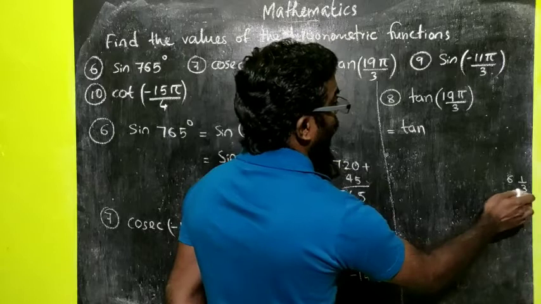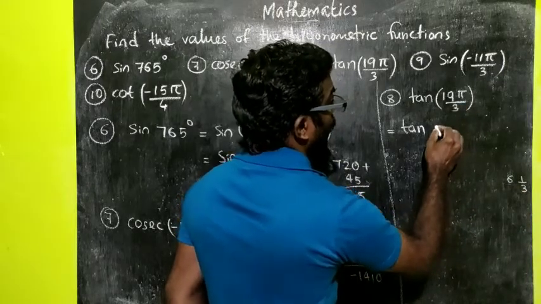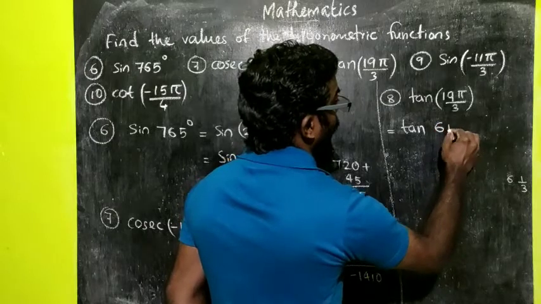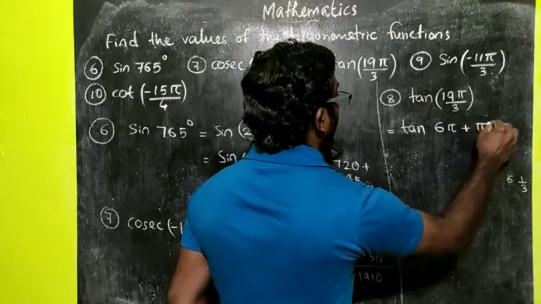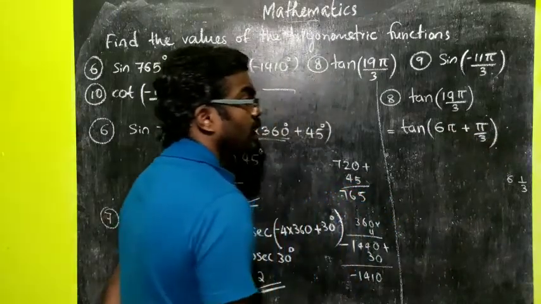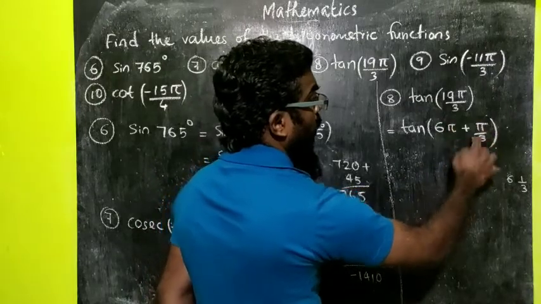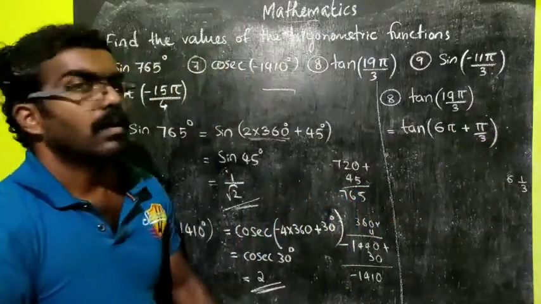So in this form we can change 19 pi by 3. So we can write 6 pi plus pi by 3. You can cross multiply and verify. 6 pi into 3, 18 pi plus pi, 19 pi all divided by 3.